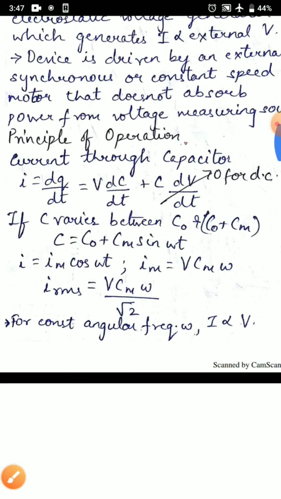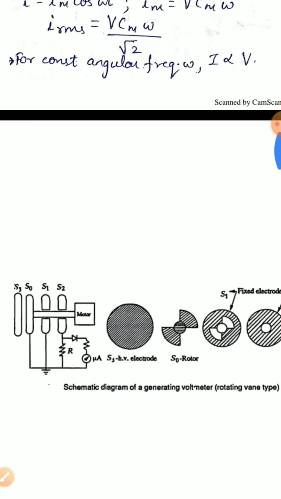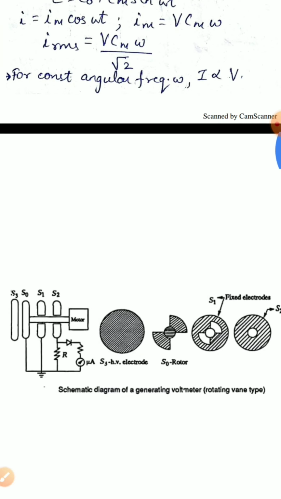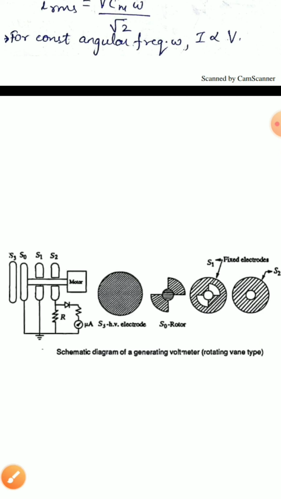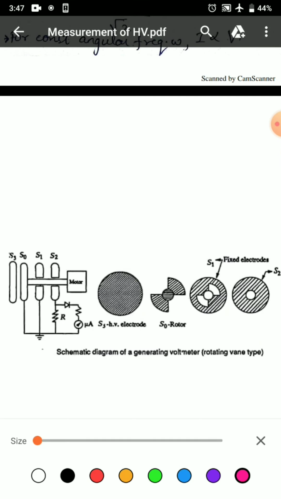Let us see the diagram for the generating voltmeter. Generating voltmeters employ rotating vanes for variation of capacitance.